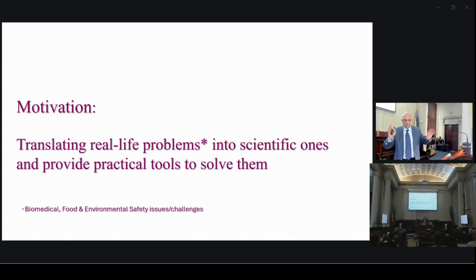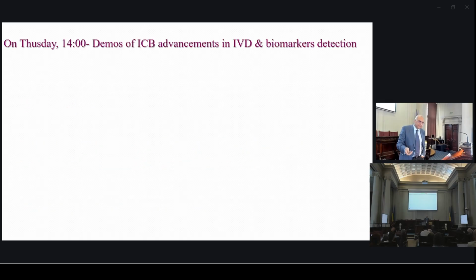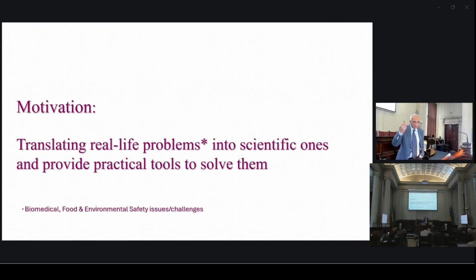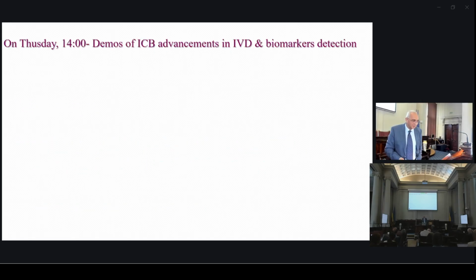So that was the idea behind this comparison, of course, with Picasso. I'm far from his skills. Well, of course, we are motivated by trying to address real-life problems, biomedical, food, environmental, and so forth, and to translate them into scientific problems also, of course, trying to find some practical solutions.